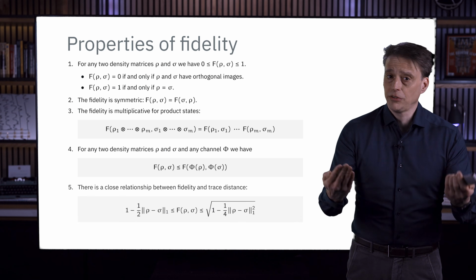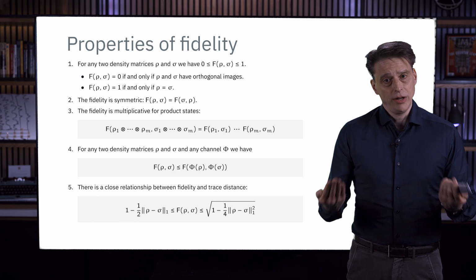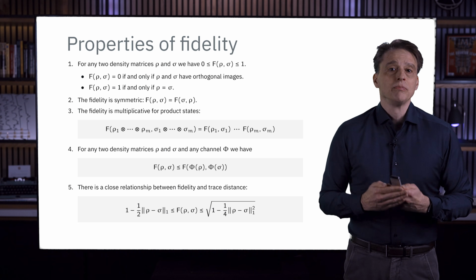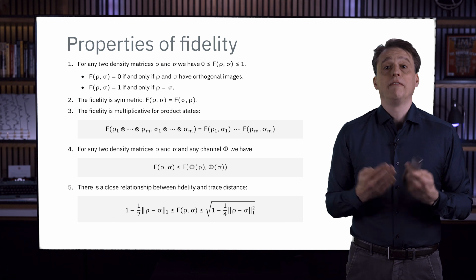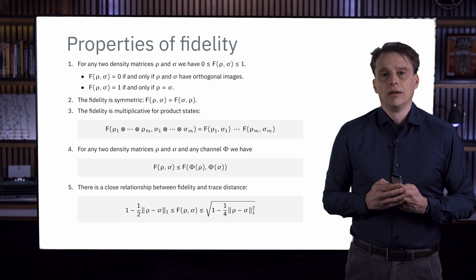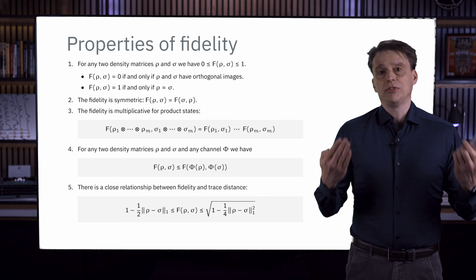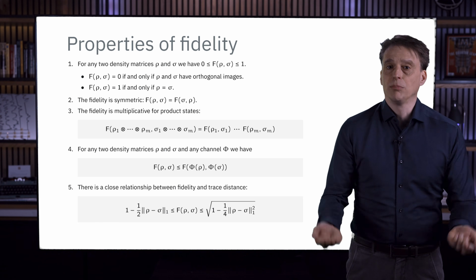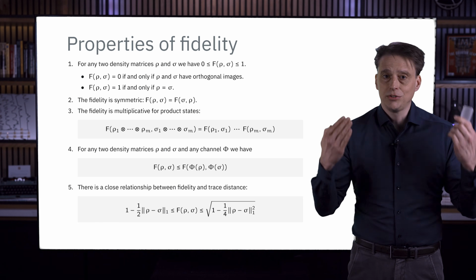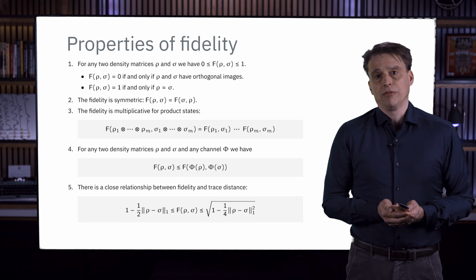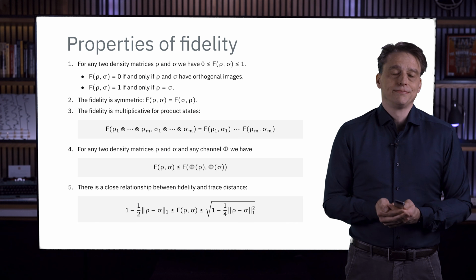And finally, for this list anyway, there's a pretty close relationship between the fidelity and the trace distance between states, which is defined as 1/2 of the trace norm of the difference between the two density matrices. The trace distance between two states connects strongly to how well we can tell them apart, which we discussed in the previous lesson in the context of state discrimination and the Helstrom-Holevo theorem, while the fidelity quantifies how much two states overlap.